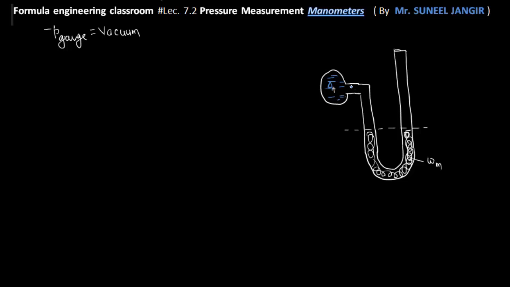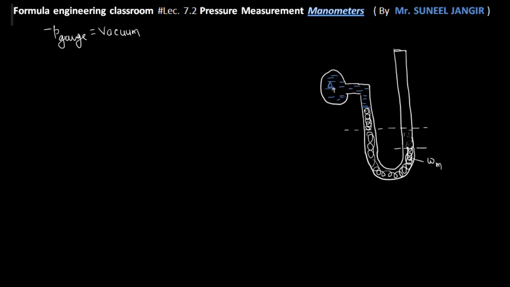In the left limb it is rising over here, and on the right-hand side the level goes down, so in this case there is no fluid here.